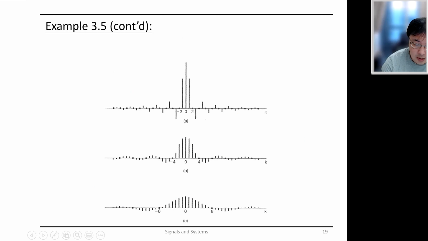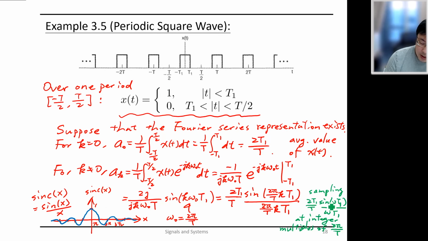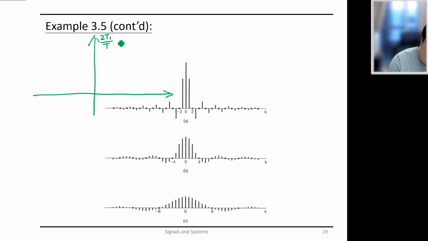So what you get is something like this. So you have this, let's say 2t1 over t sine omega t1 over omega t1.